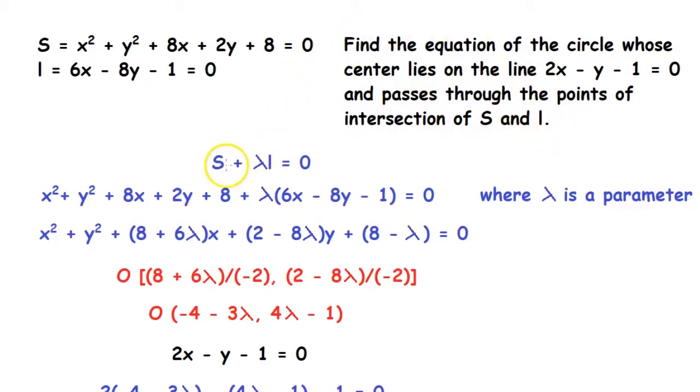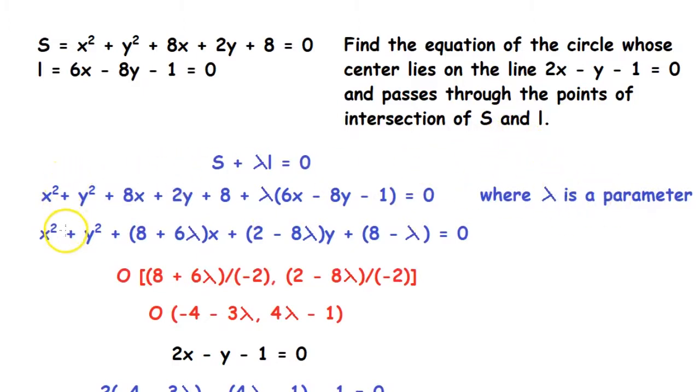So now let's take our equation S plus lambda L equals 0. When we substitute the values, we get x squared plus y squared plus 8x plus 2y plus 8 plus lambda into 6x minus 8y minus 1 equals 0, where lambda is a parameter.